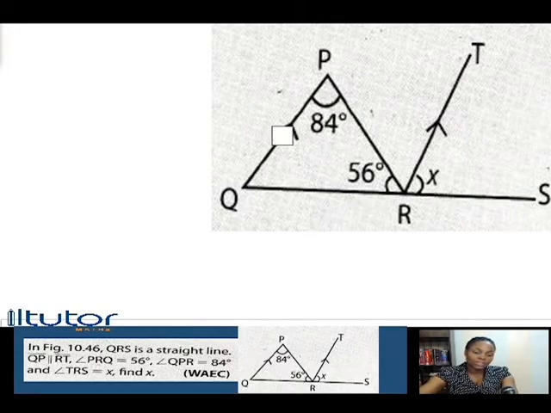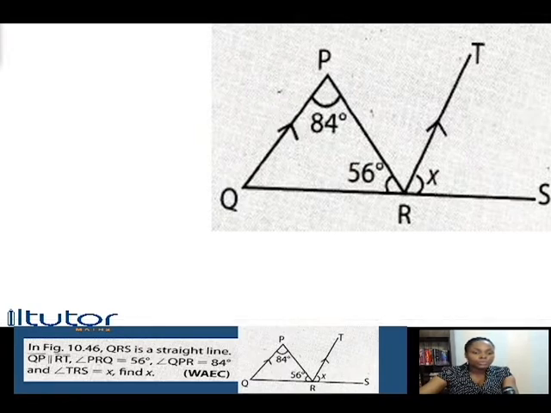So we have to take note of the parallel lines QP and RT. Between these two parallel lines there is a transversal line PQ. Remember, at the points of intersection between a transversal line and parallel lines, angles are formed, and between these angles there exist relationships, and there are theorems around these relationships.